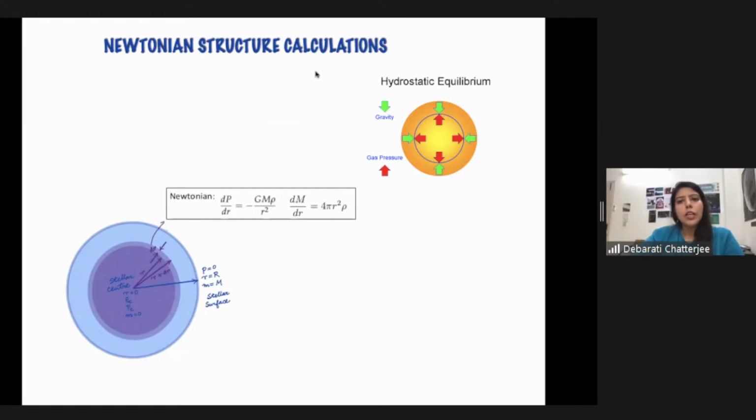The reason is that for hydrostatic equilibrium, you need degeneracy pressure to balance the gravitational force. Here the pressure gradient dP/dr, the change in pressure with respect to change in radius, as you can see in this cartoon, is related to dm/dr, the change in mass with respect to change in radius.